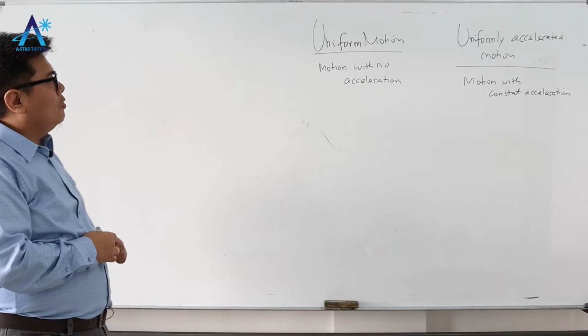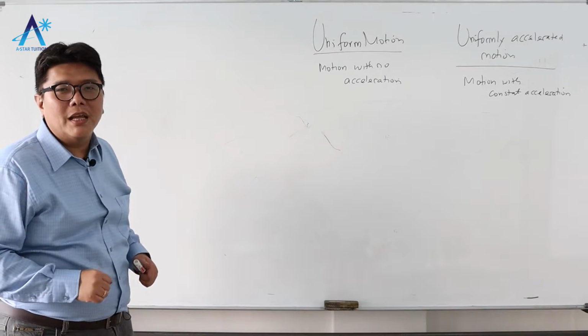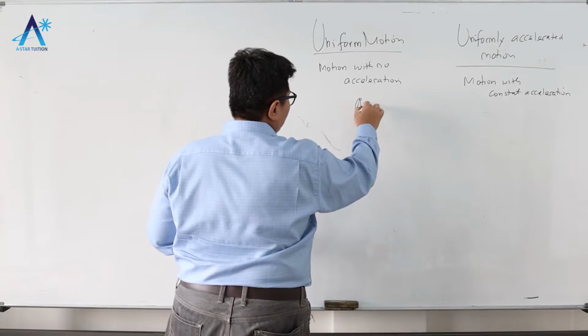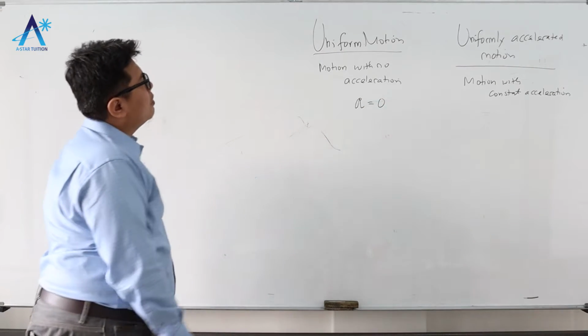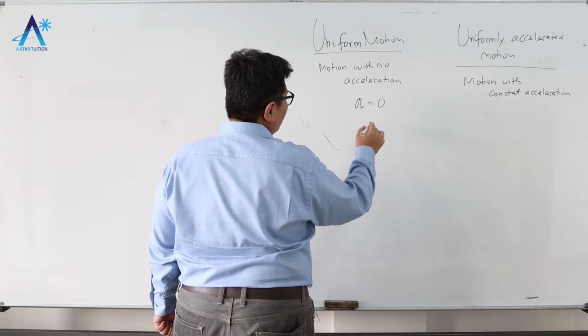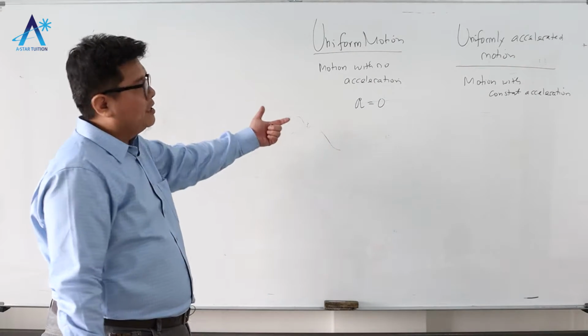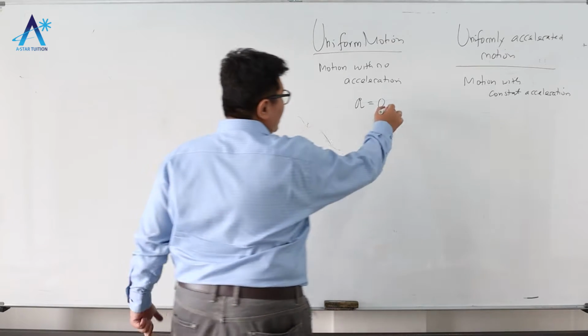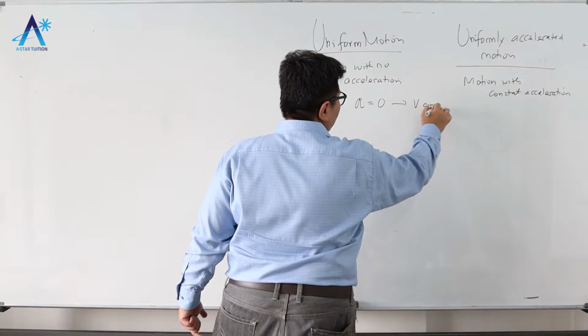Uniform motion. So in this case, no acceleration. That means the acceleration is equal to 0. Now what about the velocity? The velocity is constant. So the consequence of the acceleration being 0 is that the velocity is constant.